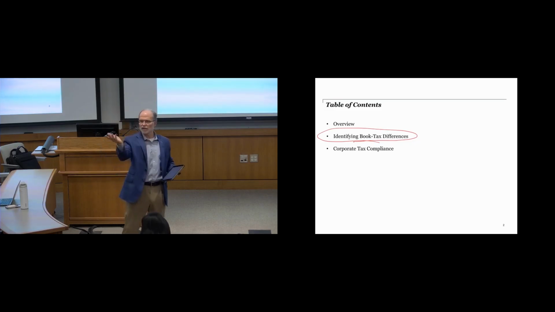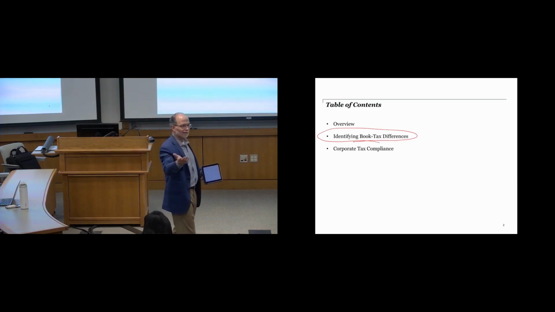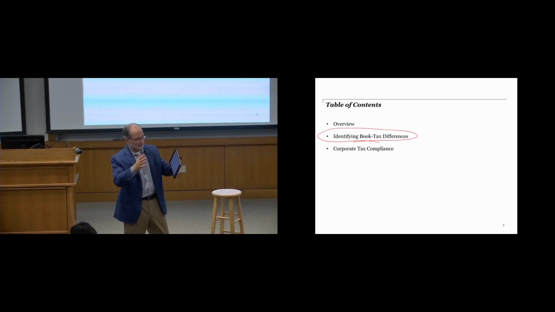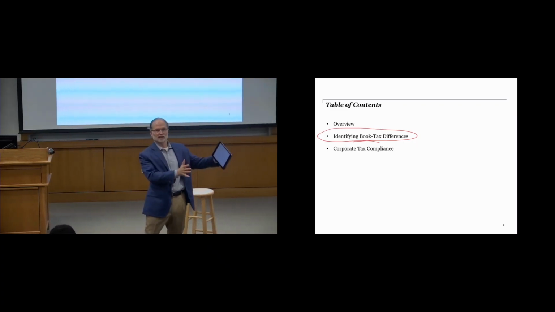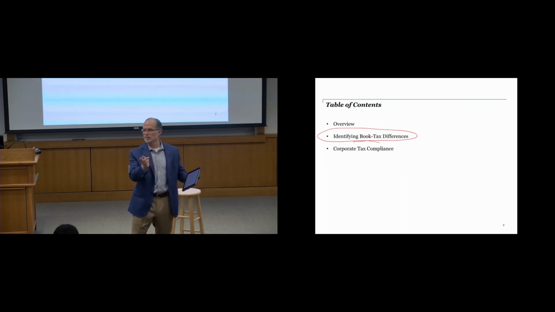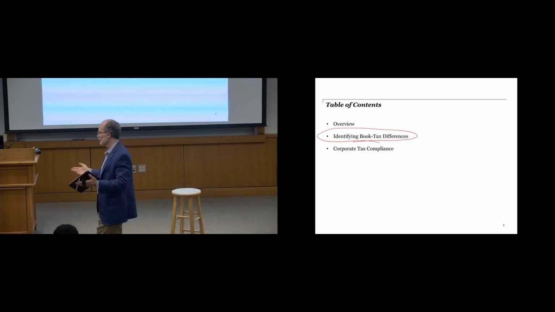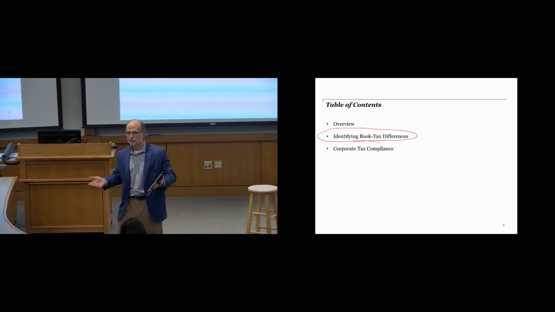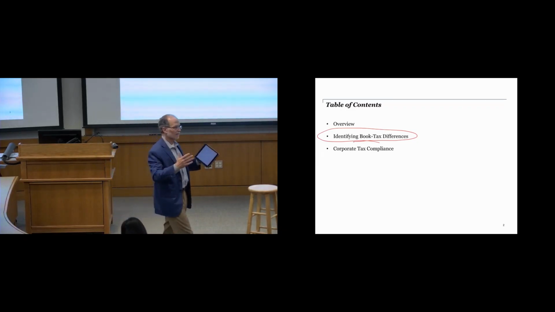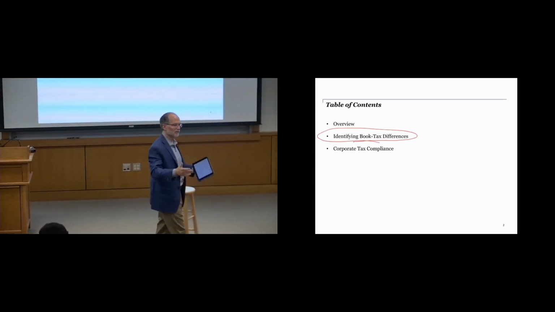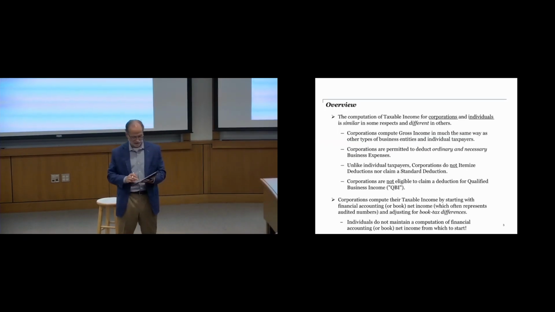Think about depreciation. We went through some really detailed, prescriptive depreciation rules. Those are vastly different than the accounting depreciation. That's a prime area of book tax differences. They're never the same. Two different objectives from financial accounting and tax. So we're going to talk about that in great detail here.